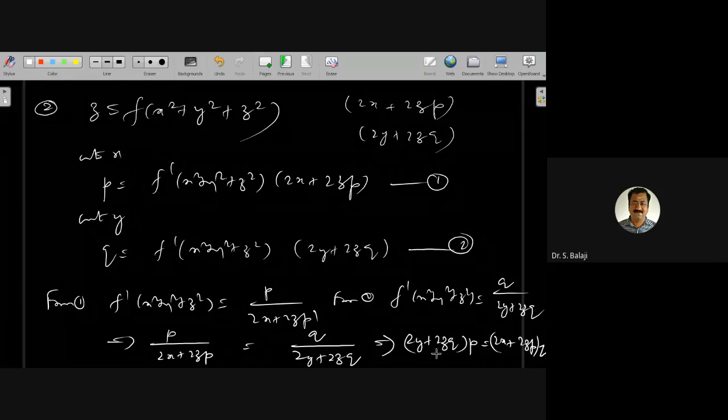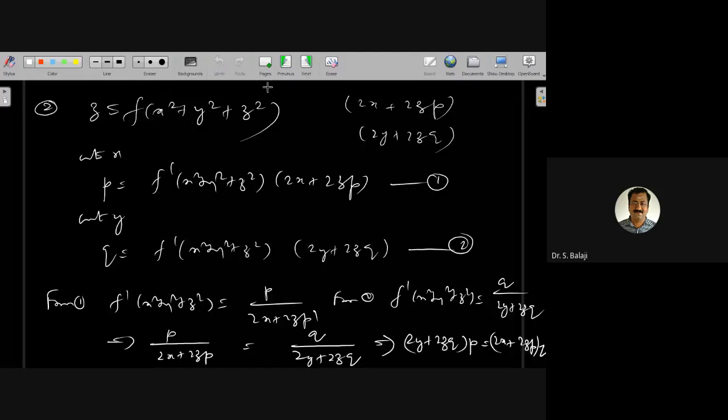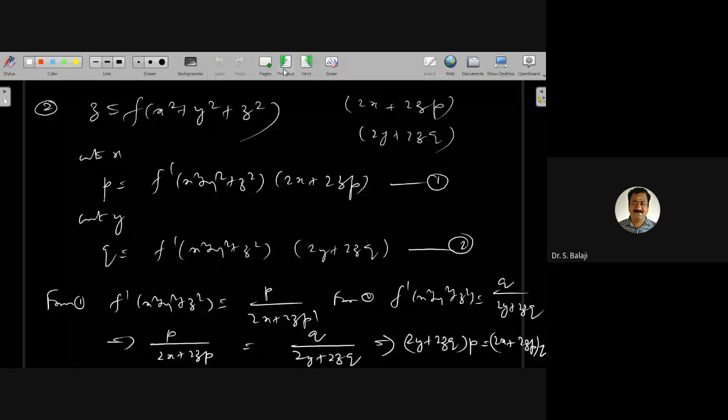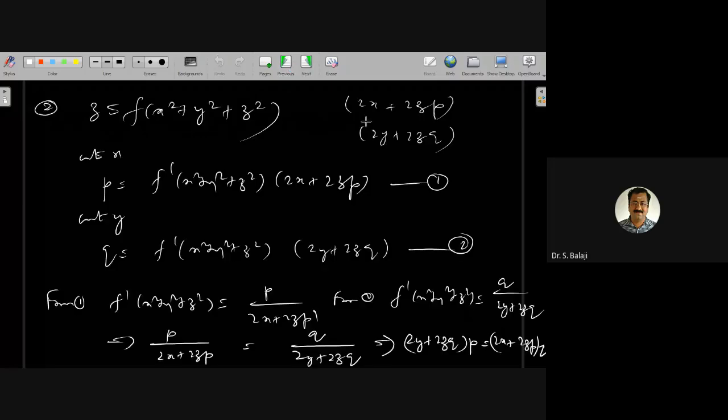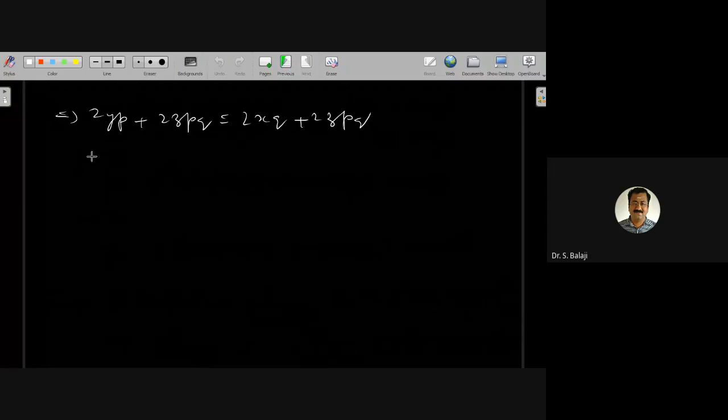Then expand. You write p and pq, that type of expression you can expand here: 2yp plus 2zpq equals 2xq plus 2zpq. That 2zpq gets cancelled here.